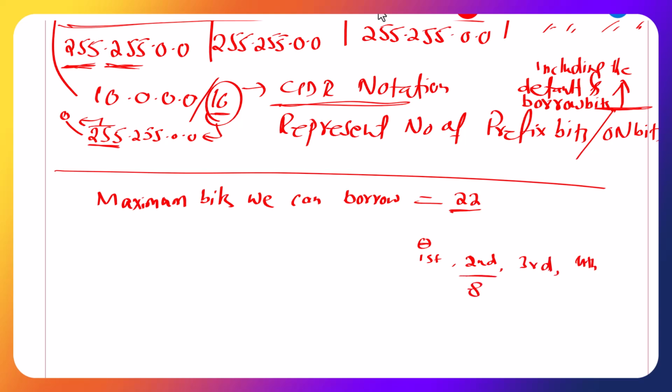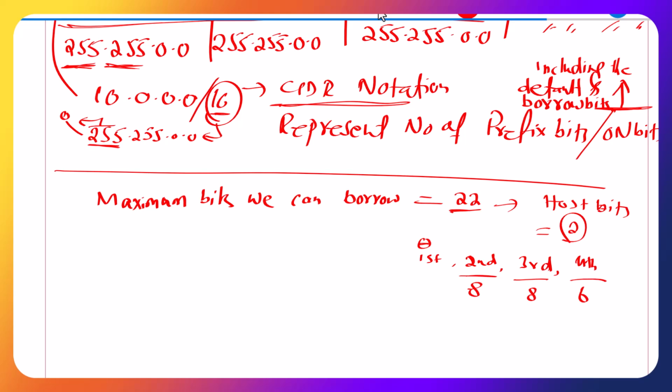From the second octet we borrow 8 bits, from the third we can borrow 8 bits, and from the fourth we can borrow 6 bits. So when we borrow 22 bits, host bits will remain 2. Okay, and we cannot decrease it below 2. Why? We will discuss it. So the maximum bits we can borrow in class A is 22, and till now we have tried borrowing 8 bits.